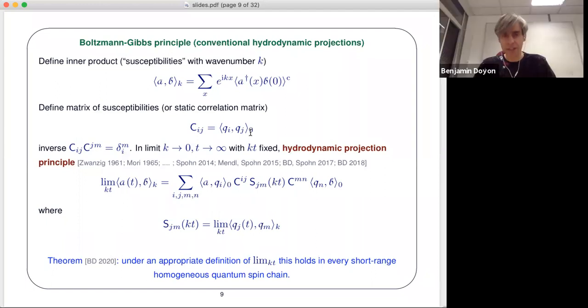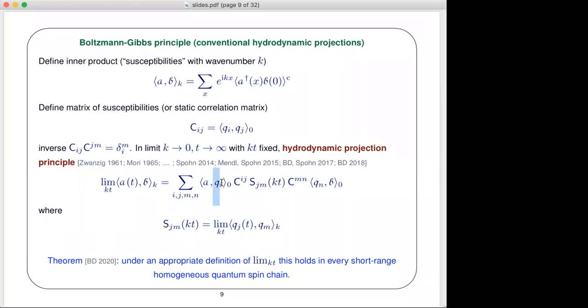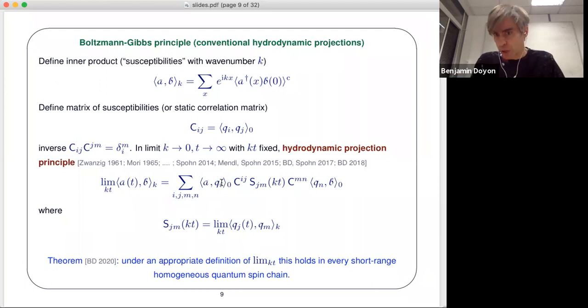So it is completeness, but note that you don't overlap over all the possible observables available in the theory, just the conserved densities. So it's a completeness, but in a reduced space. What it says is that, actually, it's a projection formula. You can project these observables on the space of conserved densities, and that gives you the correct limit.